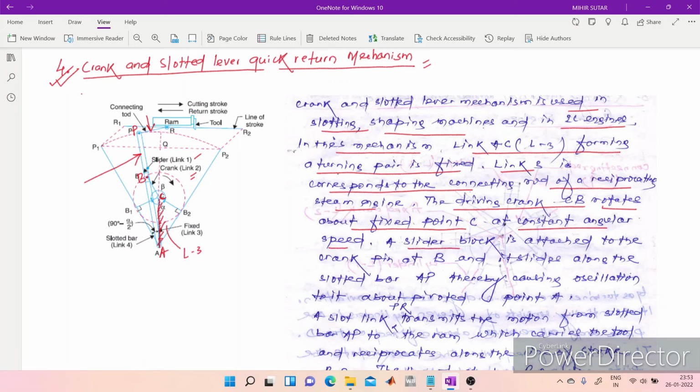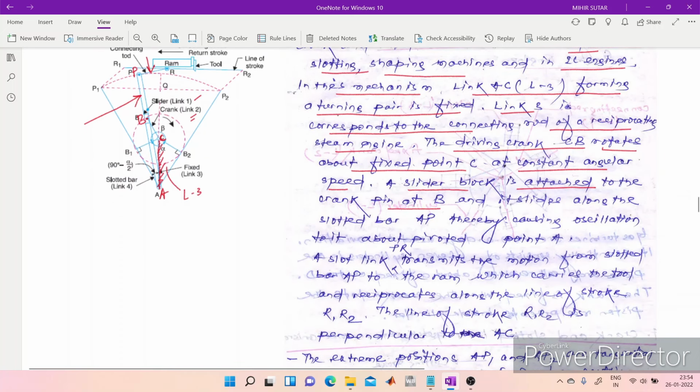A slider block is attached to the crank pin at point B, and it slides along the slotted bar AP, thereby causing an oscillation to it. The AP oscillates during this period, as it is pivoted about point A here. This is the pivot point.